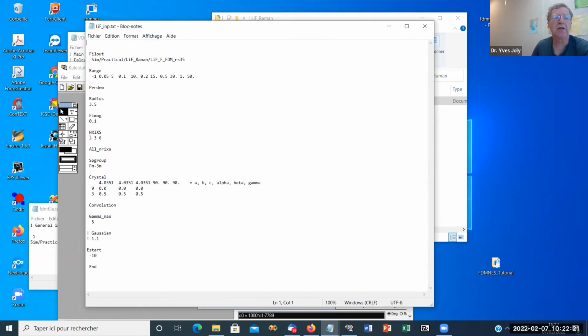So here we go from 3 to 6, so we have just 2 values. And with this keyword, in the output file you have all the expansions: the monopole term, the dipole term, the quadrupole term, and so on. But that's all. So the calculation is the same.